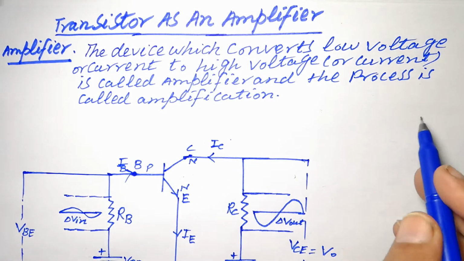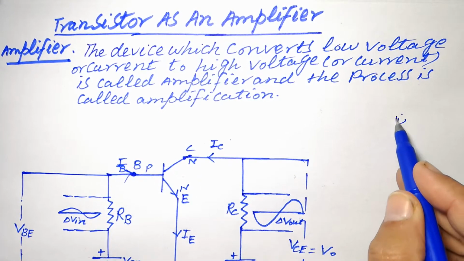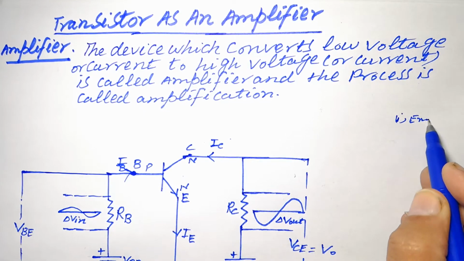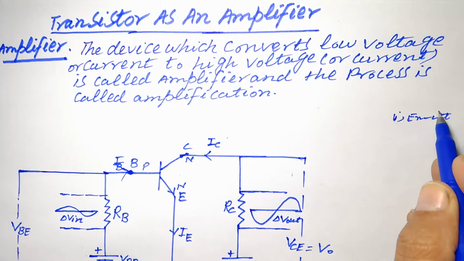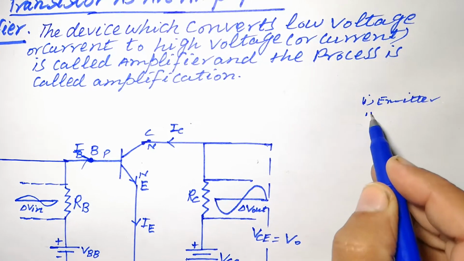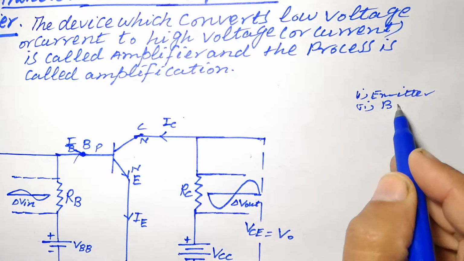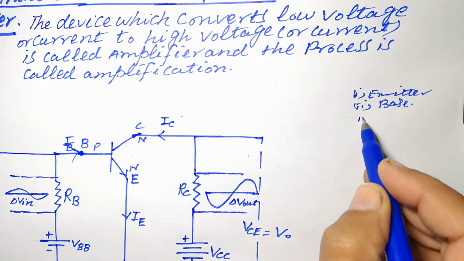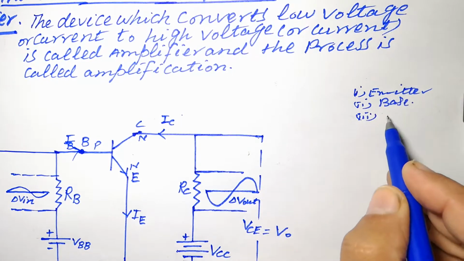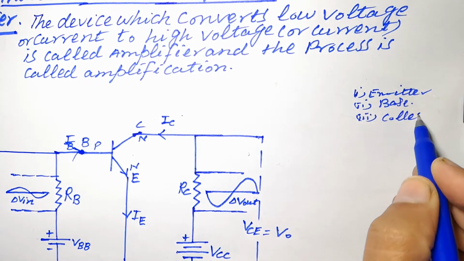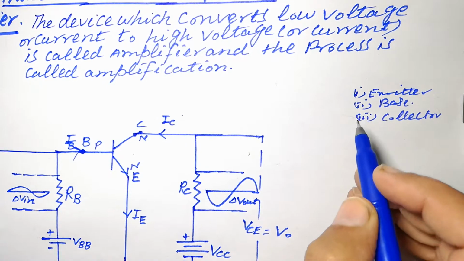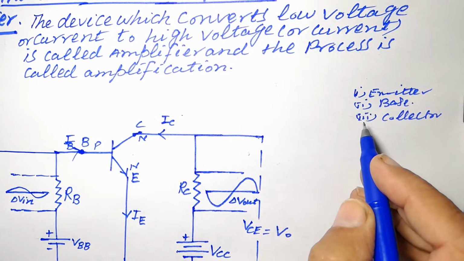Students, the 3 regions are: number 1, the emitter, number 2, the base, and number 3, the collector. So these are the 3 regions and 2 junctions.